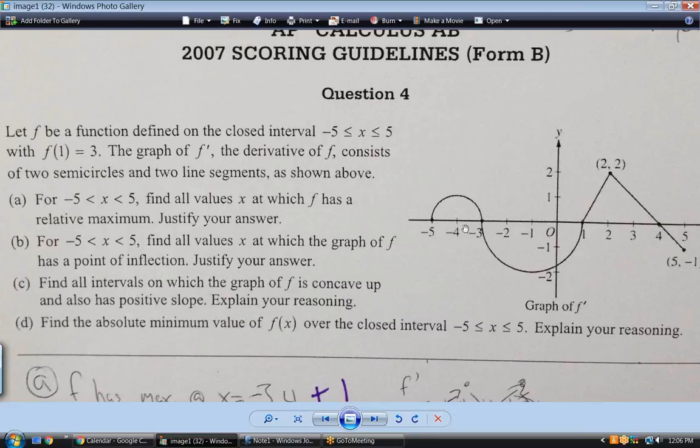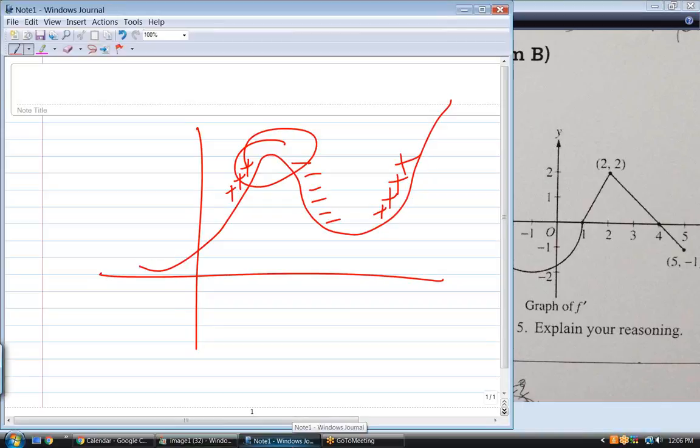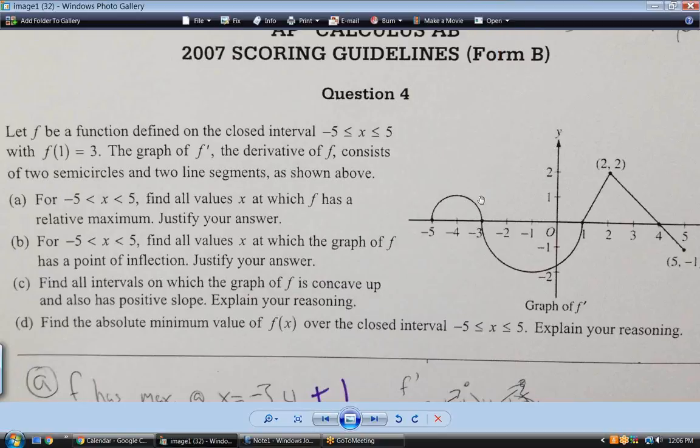What would make it a maximum? It's going from positive to negative. We need that to be happening. It's got to go from positive to 0 to negative. Well, that's exactly what's going on there.